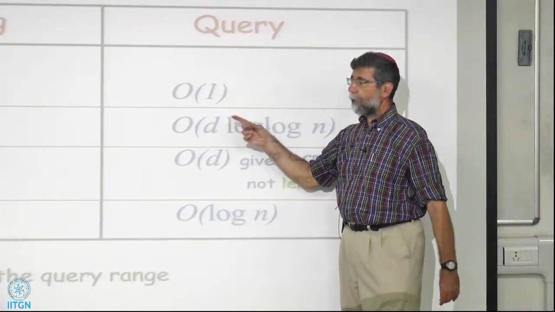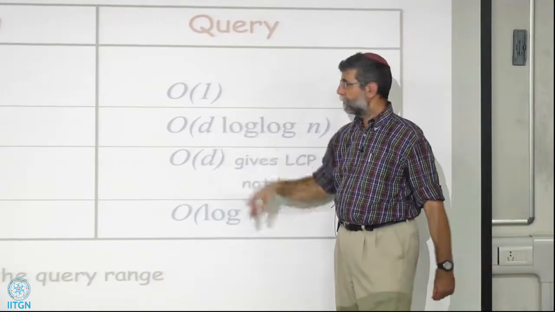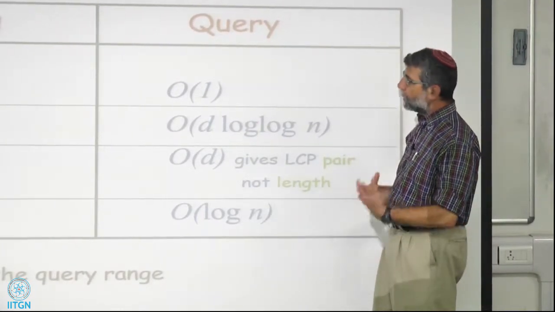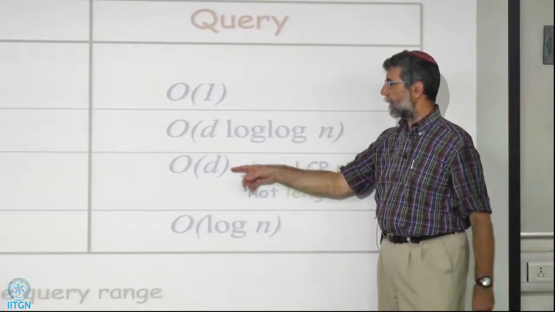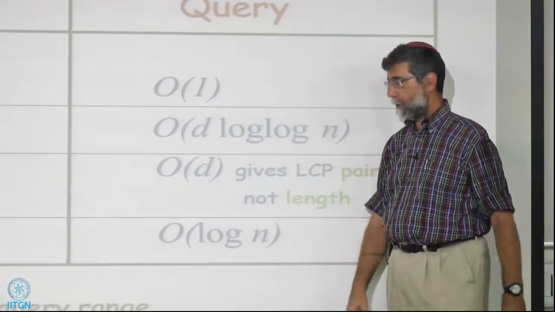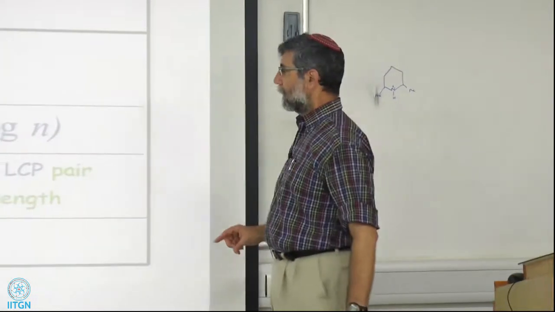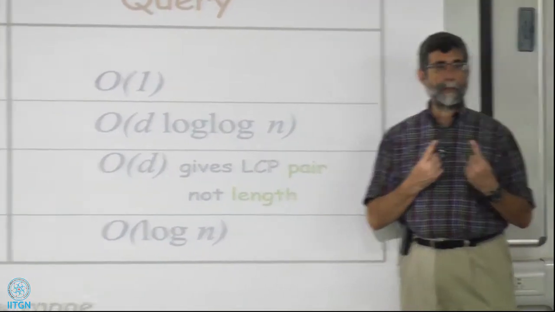And here what you save is that you went down from d squared to d. And then we're going to show that, in fact, with no special preprocessing, we can get an O of d algorithm. But this one only gives you the pair that has the longest LCP.